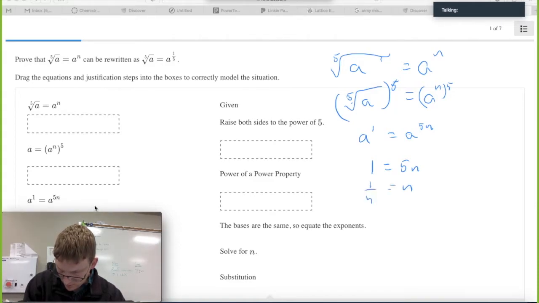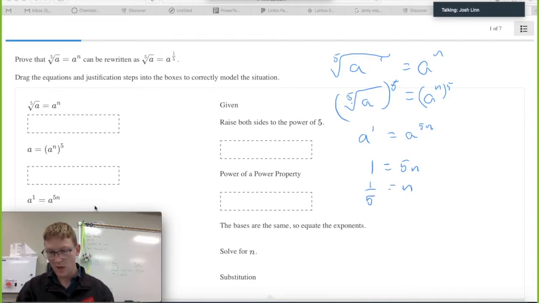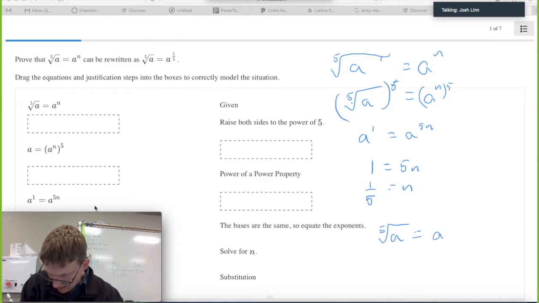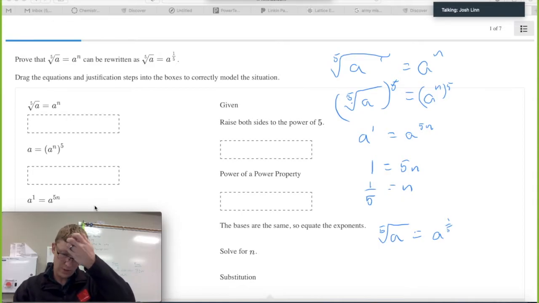There we go. n is equal to 1/5, which then means that the fifth root of a is equal to a to the 1/5, because we proved that n equals 1/5.